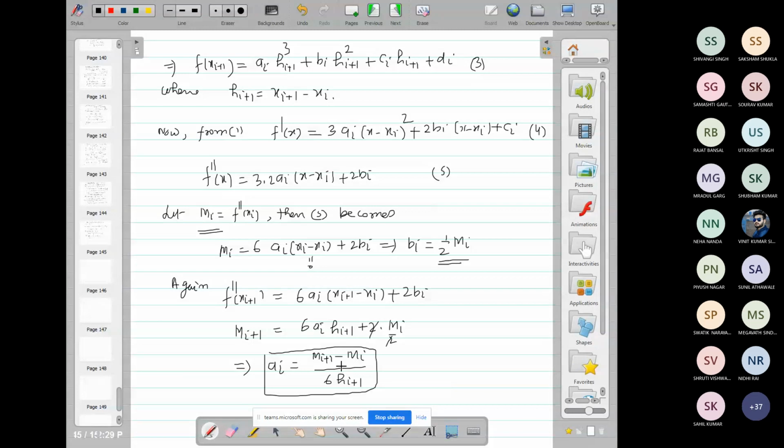The remaining is ci. Now substituting the value of ai, bi and di, suppose bi this is 6 and suppose this is 7.